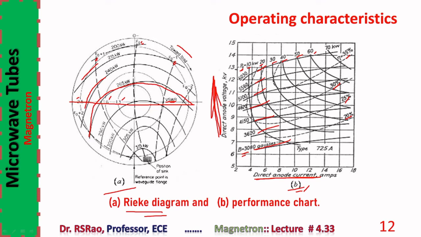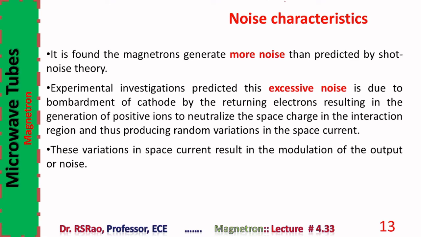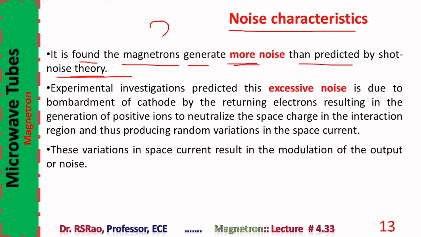Now, a few points on the noise characteristics of magnetrons. It is found that magnetrons generate more noise than predicted by shot noise theory. While discussing the operation of the magnetron, it was mentioned that some of the electrons come back and hit the cathode, and these electrons are energetic.